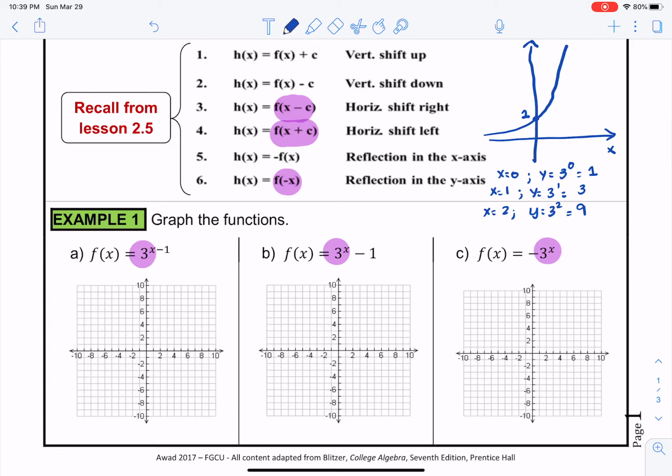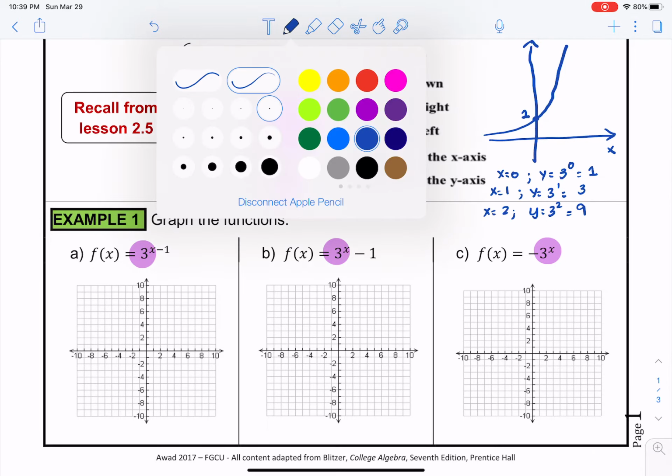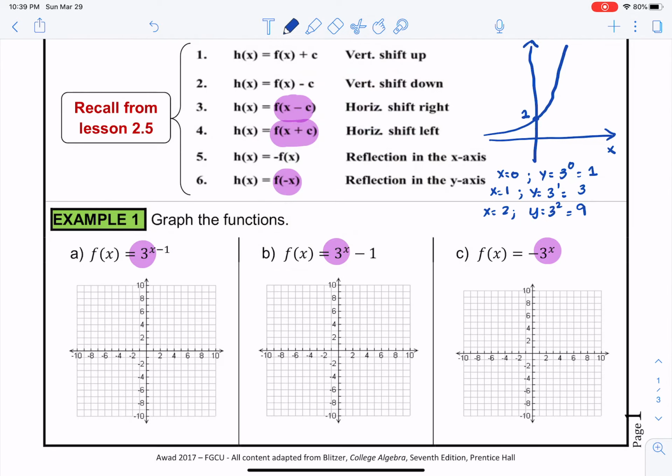So in the first problem, we are subtracting 1 from x, which would imply that the function is going to shift to the right by 1 unit. So we know the base graph has y equal to 1 when x is 0, y is 3 when x is 1, and y is 9 when x is 2.